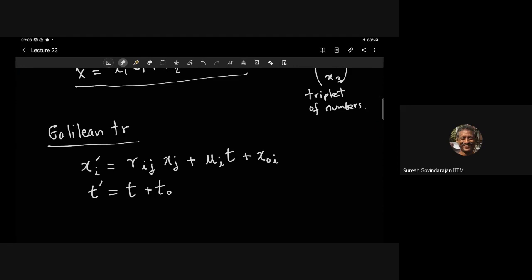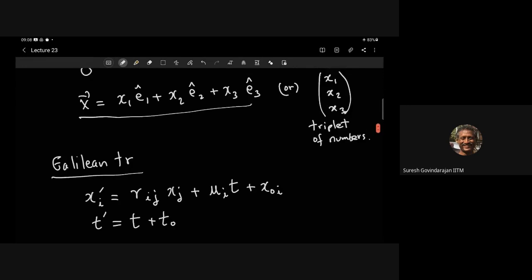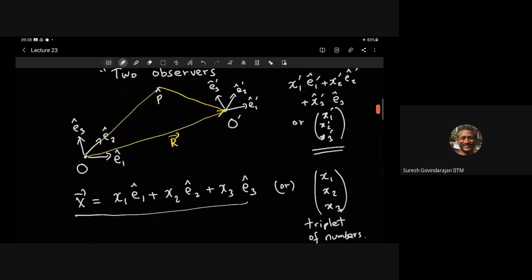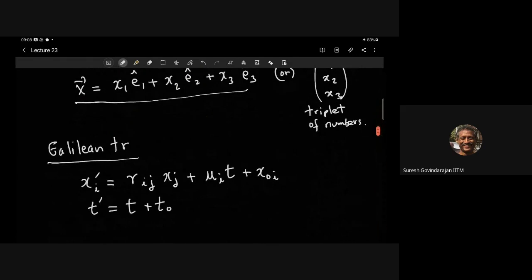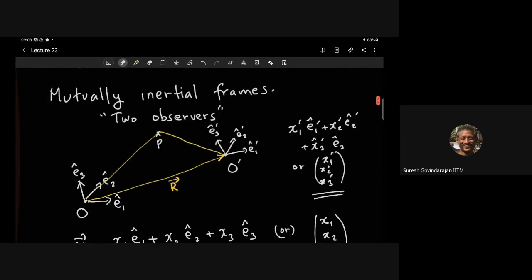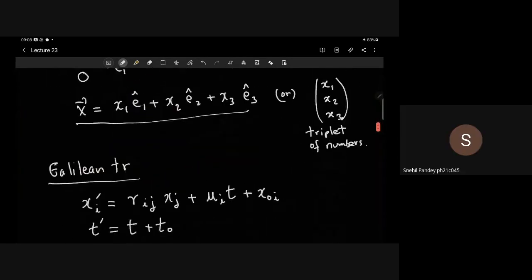Okay, so now what we're going to do is look at this and try to understand what this R vector should be. A rotation matrix? No. This R vector, O prime. I'm sorry.